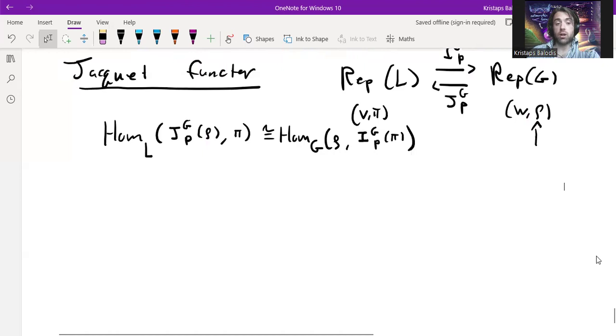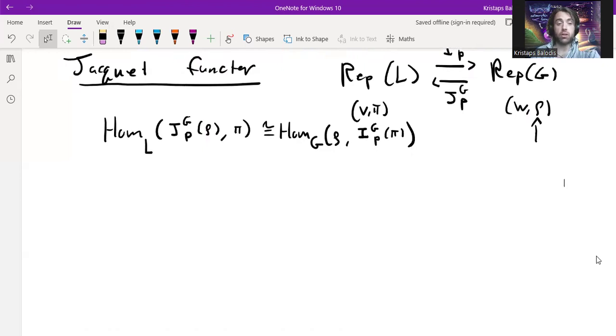One last thing, before I define this, by the way, it turns out that there's an adjunction on the other end as well. So there's this, which says, in the fancy language, again, if you don't know adjunctions, just think about it as Frobenius reciprocity.